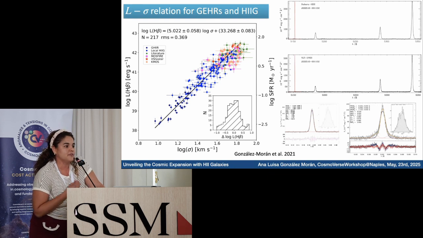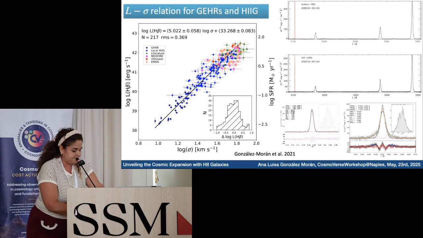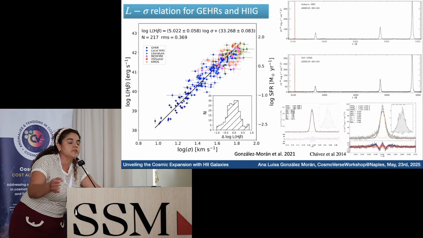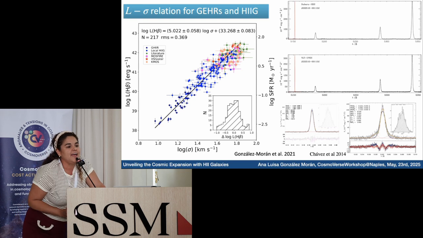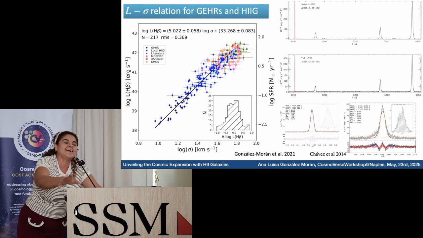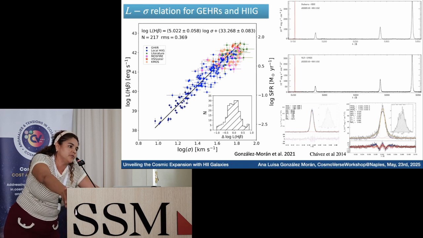And so we have to measure the full width at half maximum with a lot of precision, even better than the fluxes. And so for that reason, we need to observe them using the biggest ground-based telescopes that we have and with very high spectral resolution. For that reason, my advisor at that time waited a lot of time to do that.